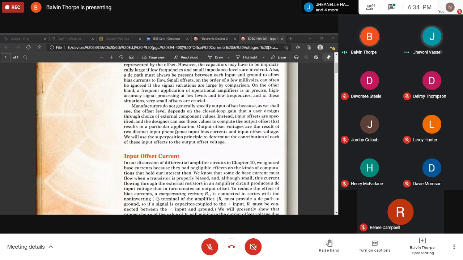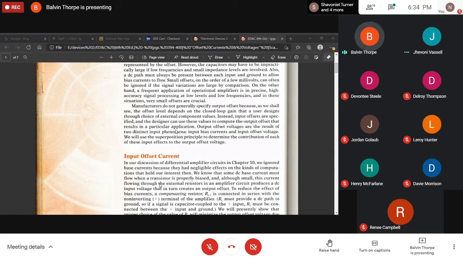Absolutely. It's just like if you use two different operational amplifiers, you will get two different gains based on what the manufacturer specified, right? Yes, sir. Good.